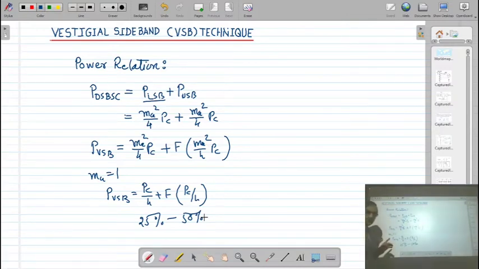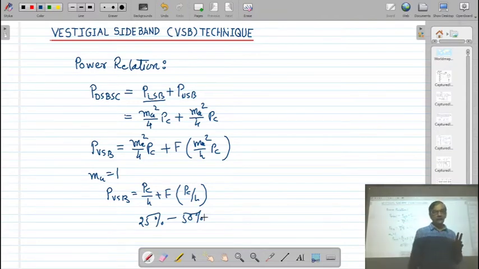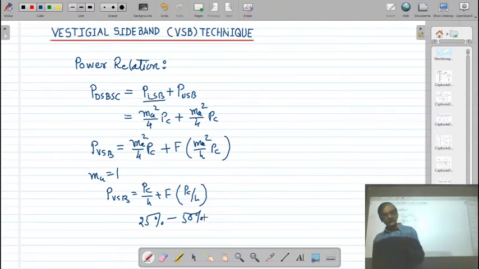In the case of SSB, remember that the power of the SSB wave was 25% of your carrier wave. But in this case, exactly you cannot say that it is 25% or 30%, 35%. That power depends on how much fraction you are transmitting of the unwanted sideband.